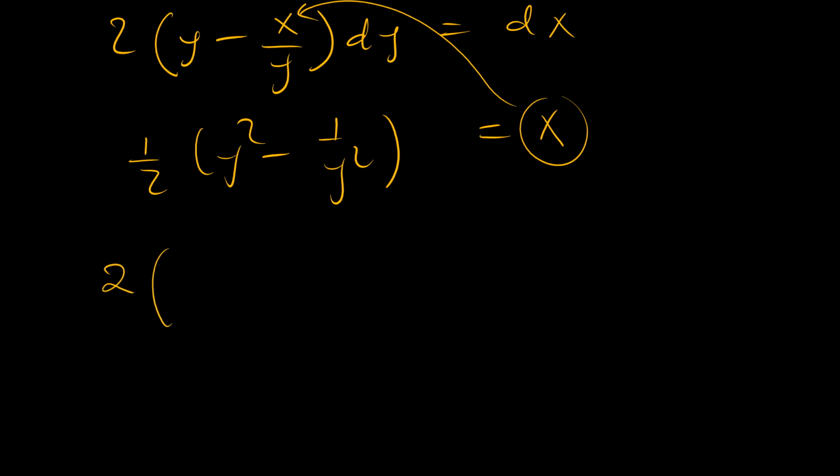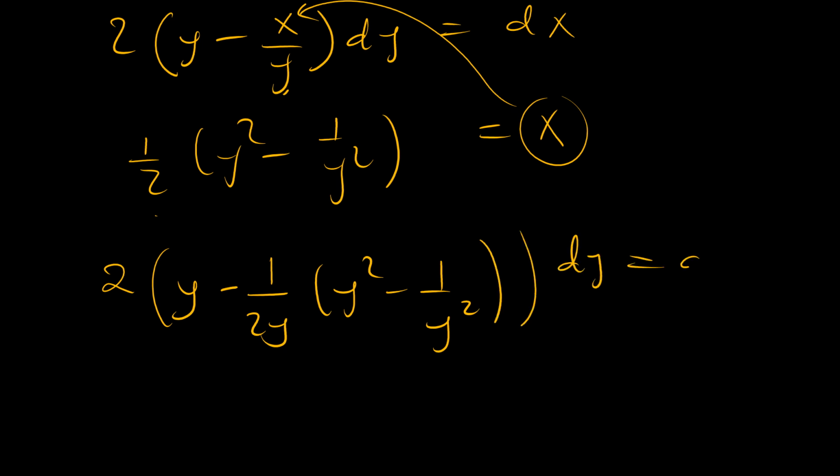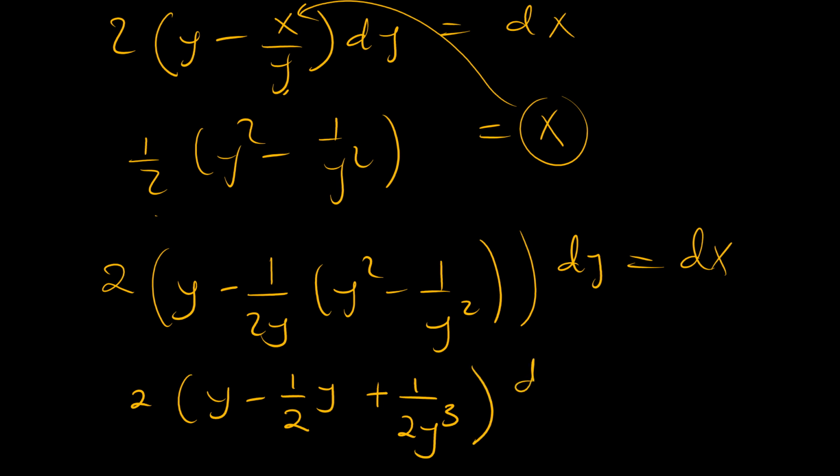So we have 2y minus, with x substituted, which is 2y minus half of y plus half of 1 over y cubed. So this becomes a half y, and we have 2 times a half y plus a half of 1 over y cubed.